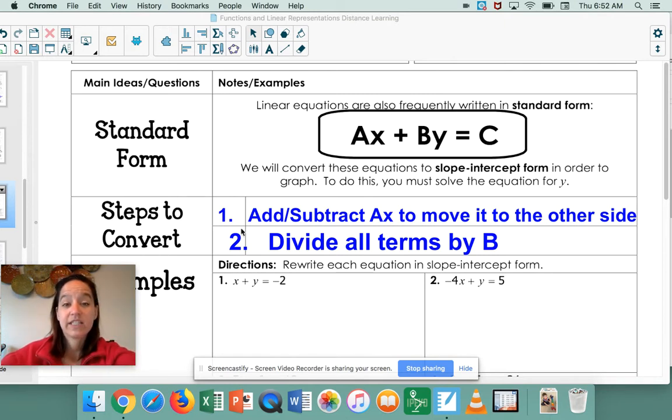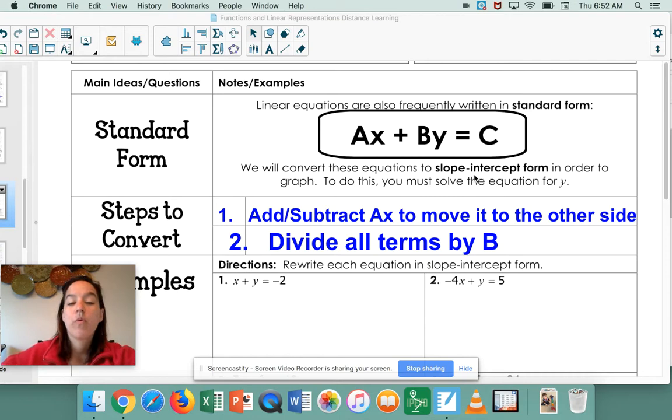The first thing is steps to how to convert it. We want it to say y equals mx plus b. And so if I want y equals mx plus b, then I have to know that my x that's currently on this side has to move over to that side. And then we're going to want our b or our y alone.